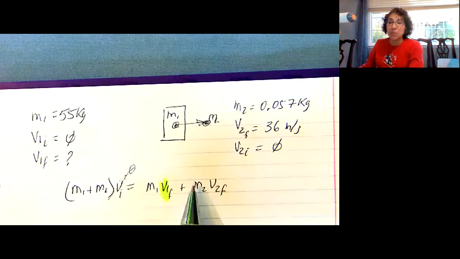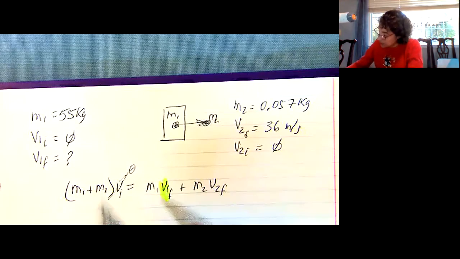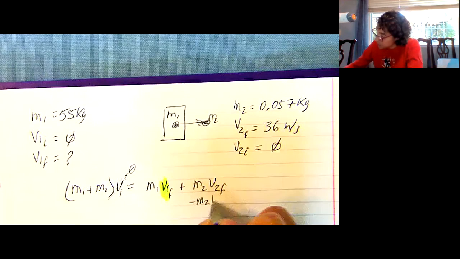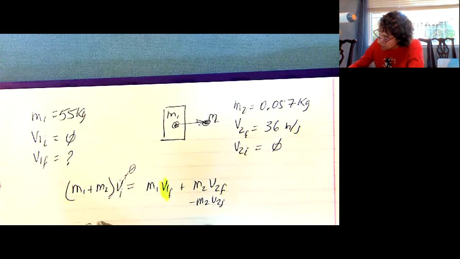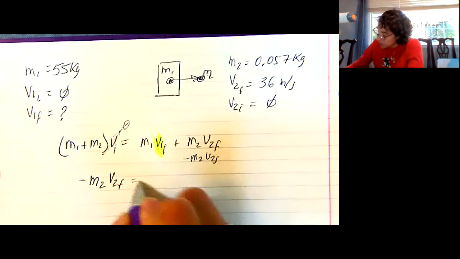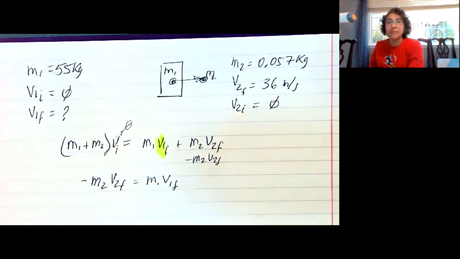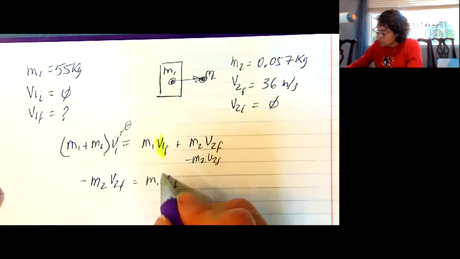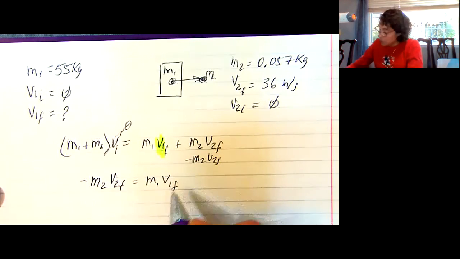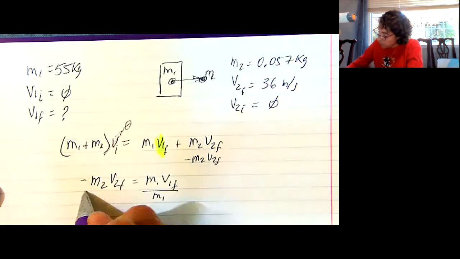So let's subtract M2 V2 final from both sides. I have negative M2 V2 final equal to M1 V1 final. I just want to solve for V1 final, so I'm going to divide both sides by M1.